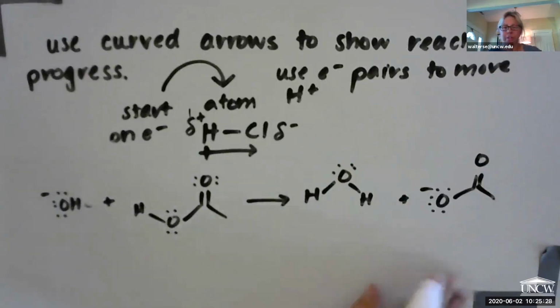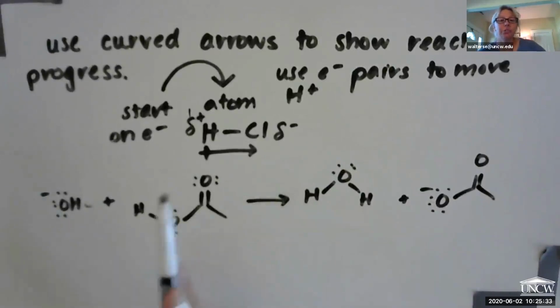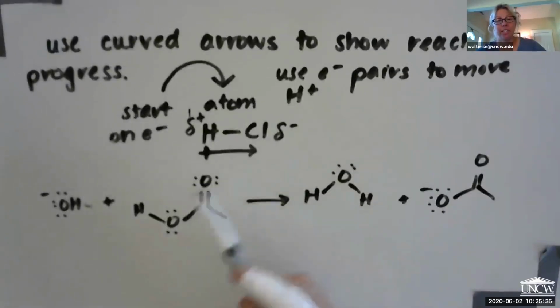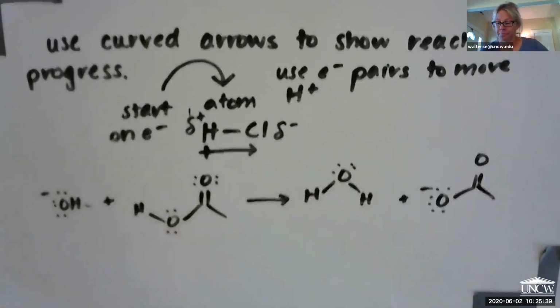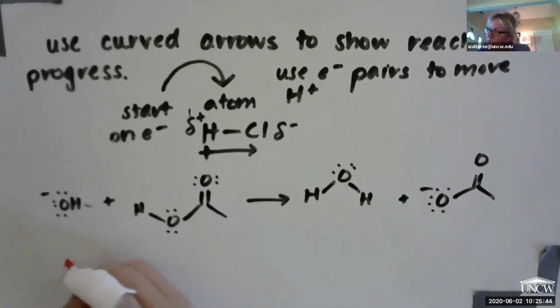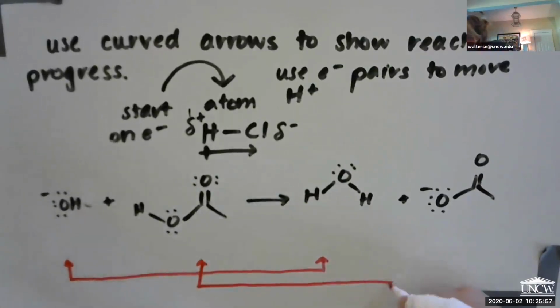So this sort of thing would be given, and you'd have to determine how to use curved arrows to take these things and make this thing. Okay. So the species that are related, hydroxide is related in a conjugate acid and base pair with water. The acetic acid is linked in a conjugate acid base pair to acetate.